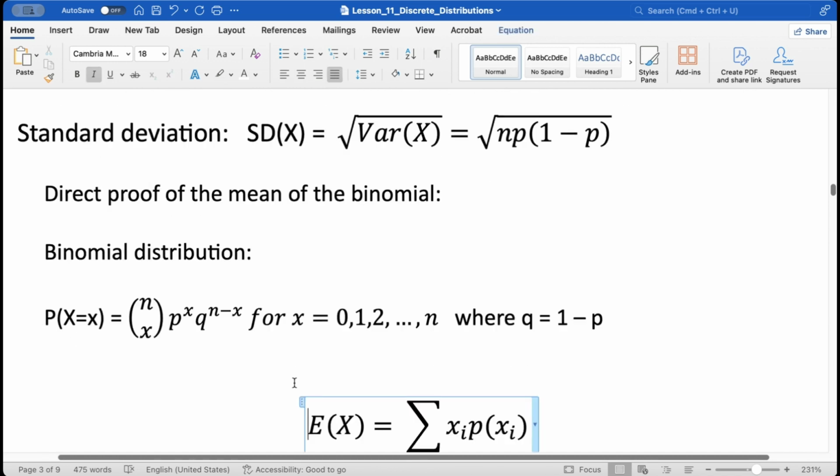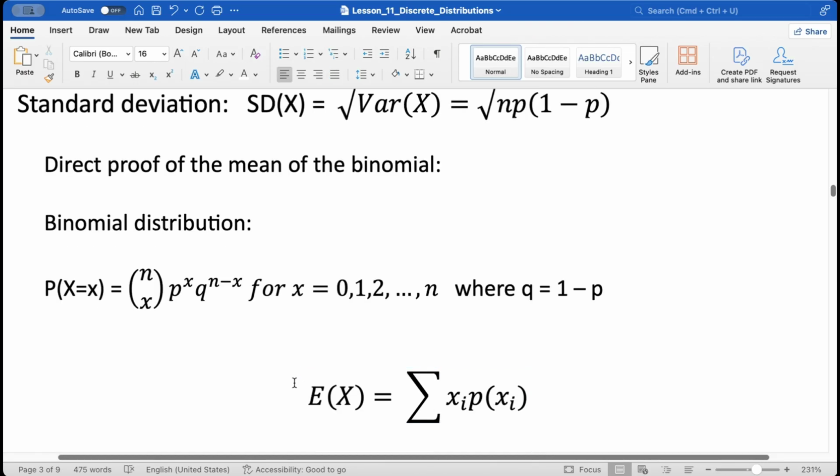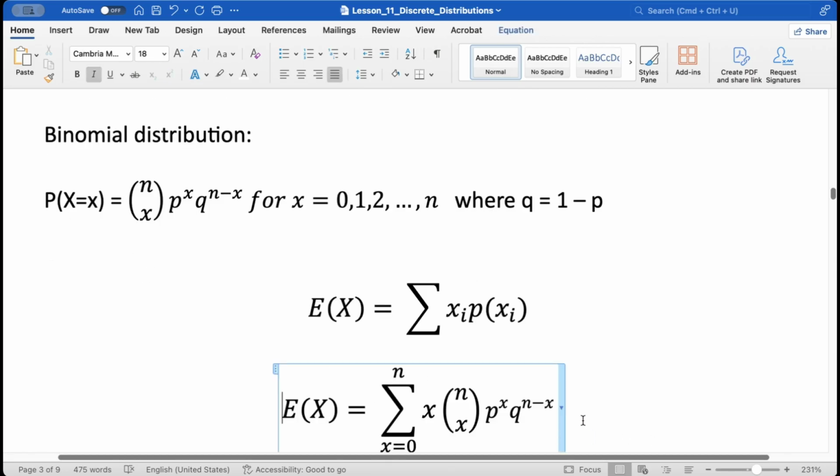And we look at the formula here for expected value. It's E of x is summation x times p of x. So we're multiplying x times the probability mass function here for the binomial. So it's n choose x, p to the x, q to the n minus x. x goes from 0 to n.